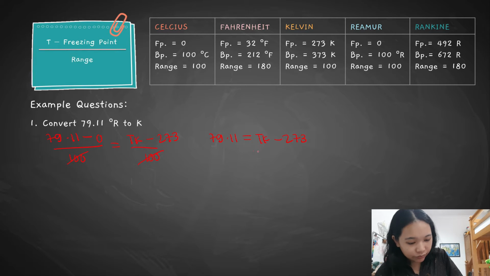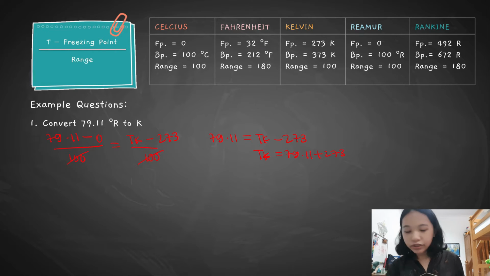Now we can just write TK equals 79.11 plus 273, which is 352.11 Kelvin.